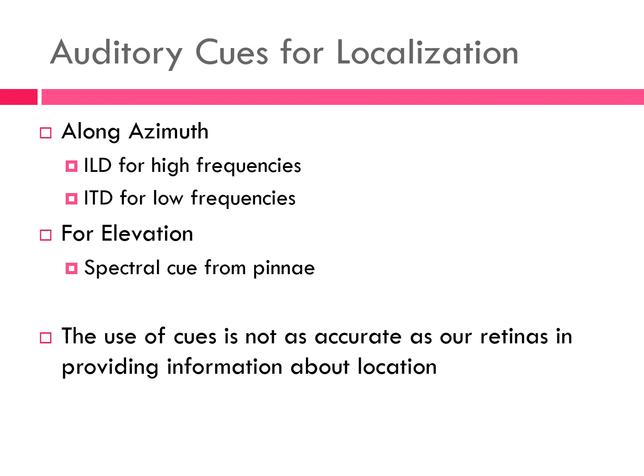Especially woodpeckers, they're really hard to find. You know they're coming from a certain direction, but exactly where they are in elevation, and I have a lot of little trees, exactly what tree they're on is not very clear. Whereas if you see something on your retina, like you see the bird move, you know exactly where it is. So audition doesn't provide quite that accurate information as our retinas do.